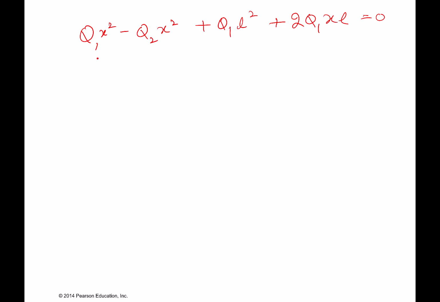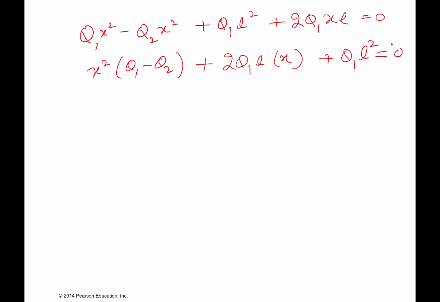So we can take the X square common. We'll have Q1 minus Q2, plus 2 times Q1 L and X, and plus Q1 L square. We know the two charges, we know Q1, we know L. It's going to be a quadratic equation in X.